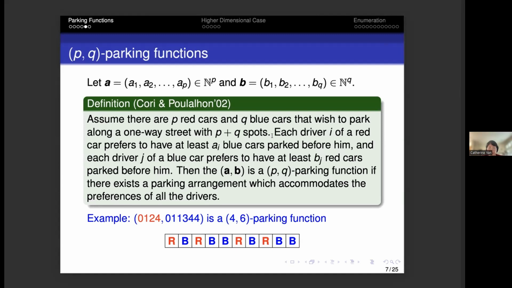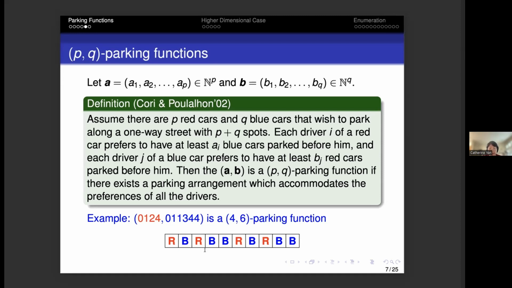then the sequence is called a parking function. I put a small example, which is a 4-6 parking function, given by a sequence of length 4, followed by a sequence of length 6. And here is a parking configuration for 10 cars with 4 red and 6 blue.